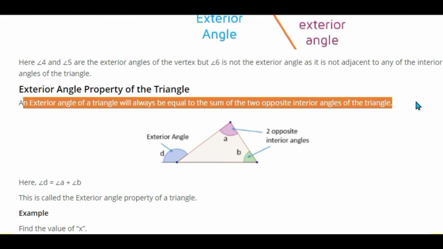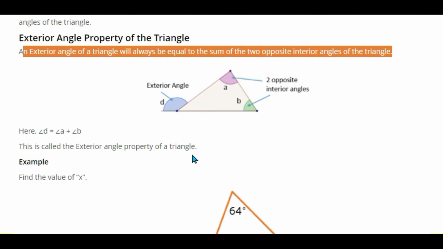Let's see this figure. Here the measure of angle D will be equal to the sum of these two, A and B. Here, angle D equals angle A plus angle B. Okay, understand?